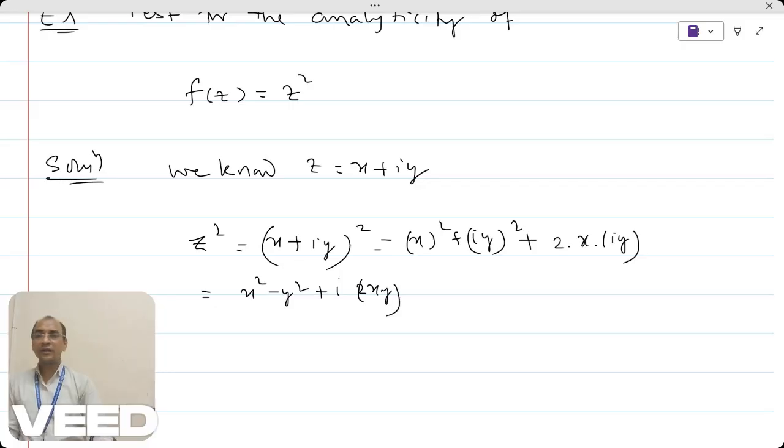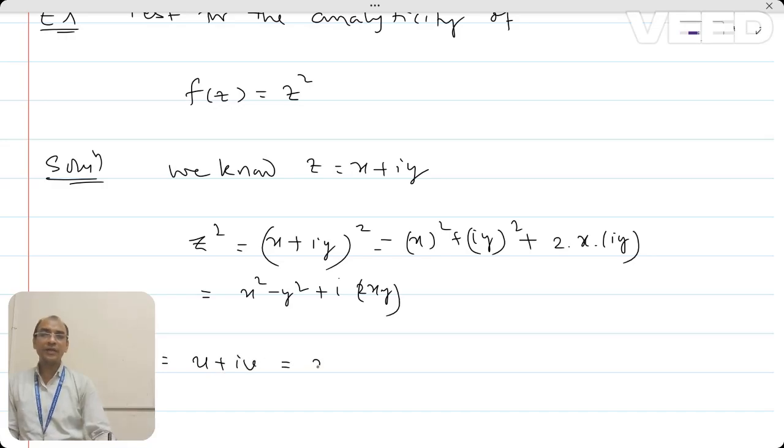So here, this is my f of z. f of z is nothing but u plus iv, which is x square minus y square plus i into 2xy.